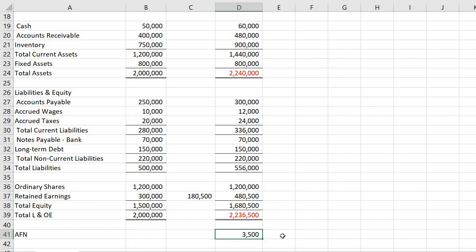Like, for example, naka-decide ka na yung 3,500 na AFN na to, ipifinance mo using your borrowing. So, magbaborrow ka ng pera sa bangko na 3,500. So, of course, kung nag-borrow ka, anong feedback noon? Ano yung effect noon? So, the effect would be, meron kang additional interest expense na mai-incur. So, yun yung ipa-plot mo na naman as your financing feedback.